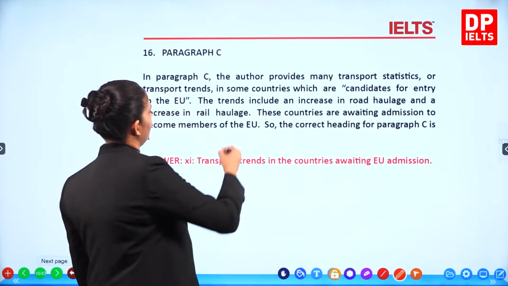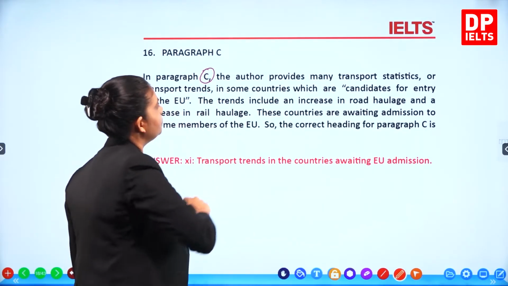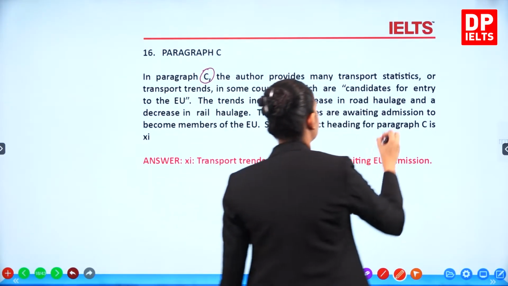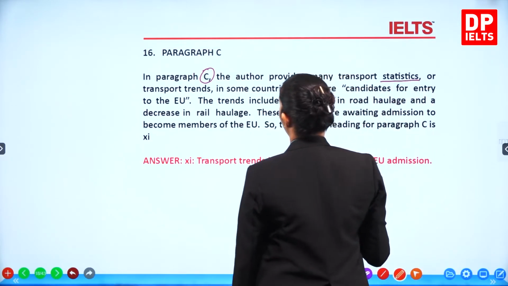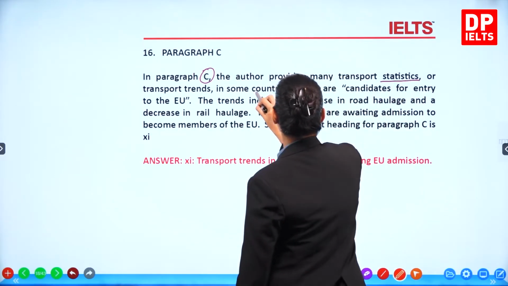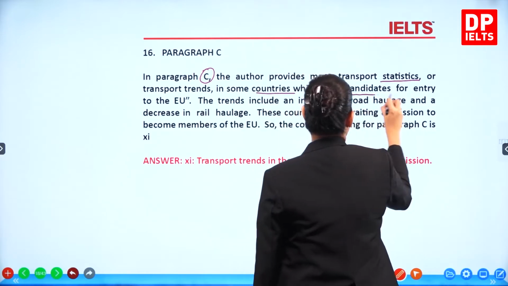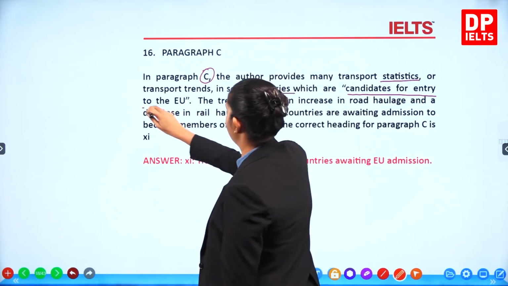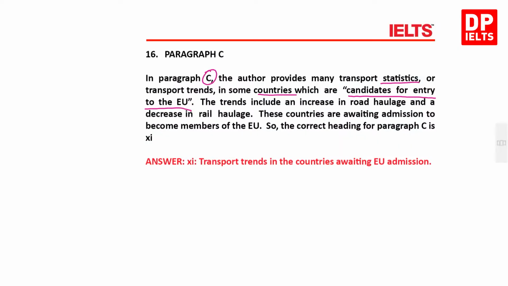If you go to para C, the author provides many transport statistics or transport trends in some countries which are candidates for entry to the EU. The trends include an increase in road haulage and decrease in rail haulage.